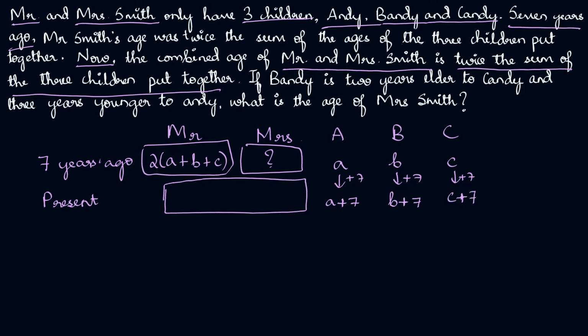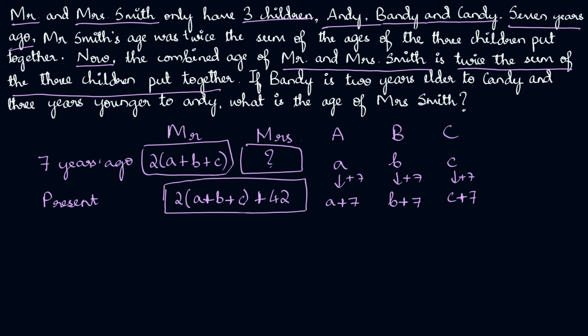All right, so all of them have aged by 7 years, and if we put those ages together, we have 2 times A plus 7 plus B plus 7 plus C plus 7, which is A plus B plus C plus all the 7s add to give a 21. If we look at it a little more carefully, I can just take the 2 outside brackets and say, okay, it is plus 42.